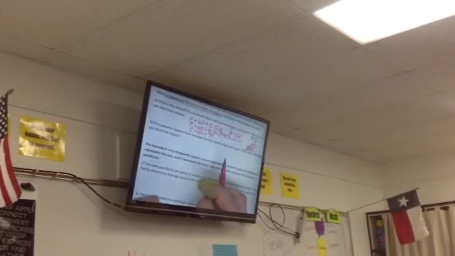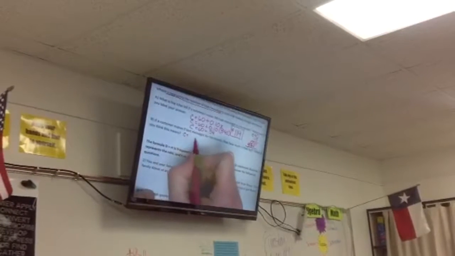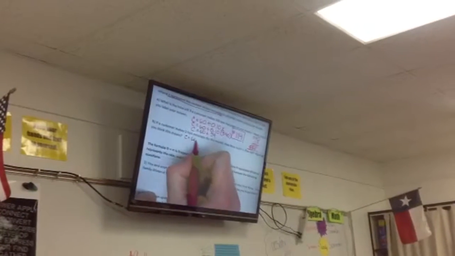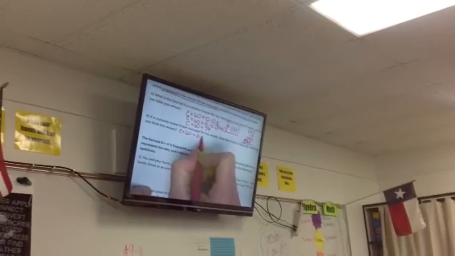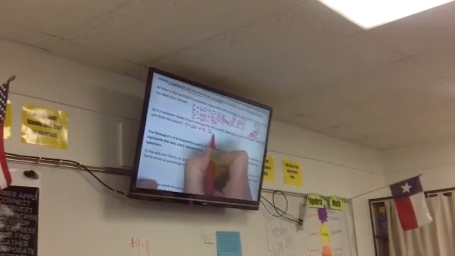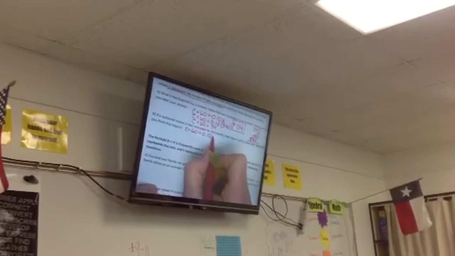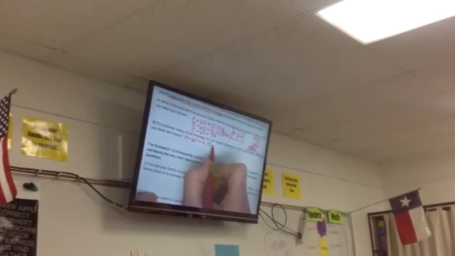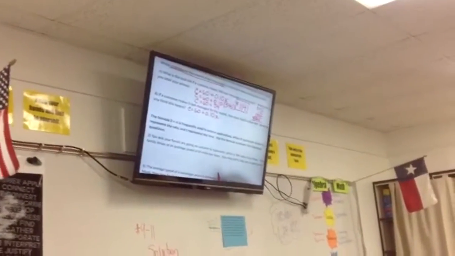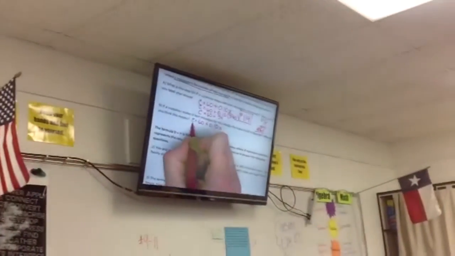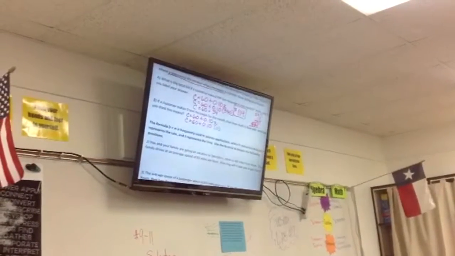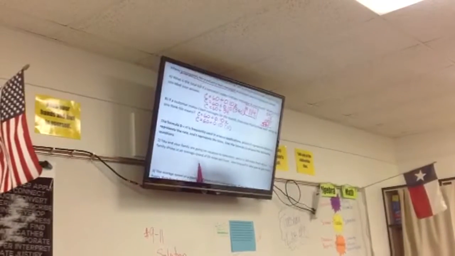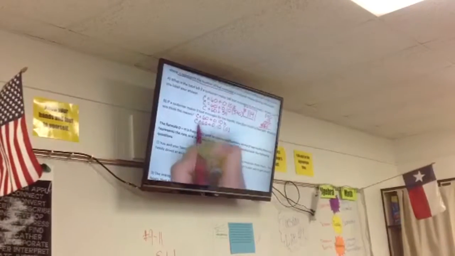C equals 60 plus 0.10 X. What is X going to be in this problem, Amanda? X is going to be 0, so we're going to rewrite this: 60 plus 0.10 times 0. What is 0.10 times 0? Everybody? 0.